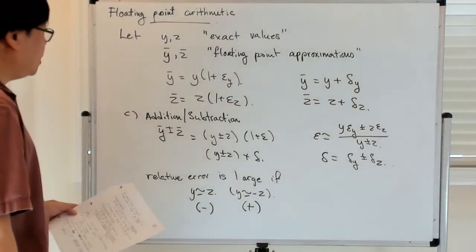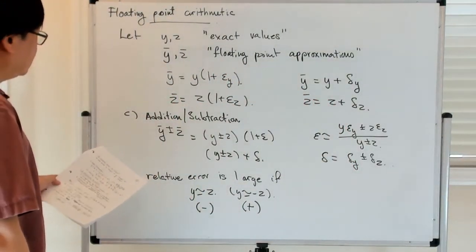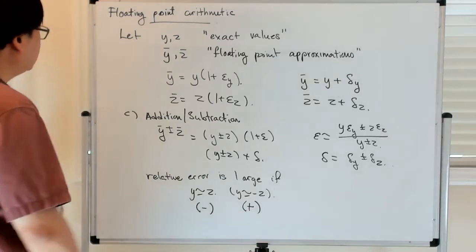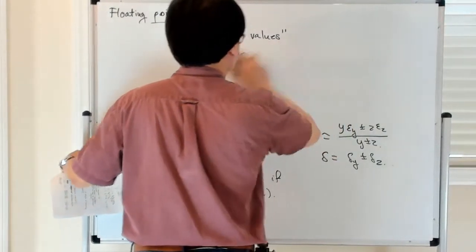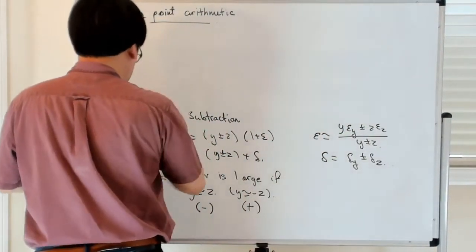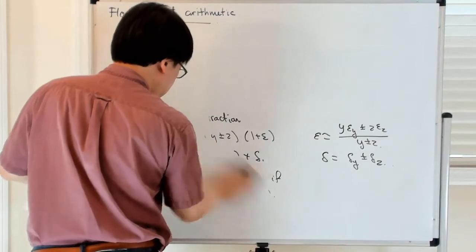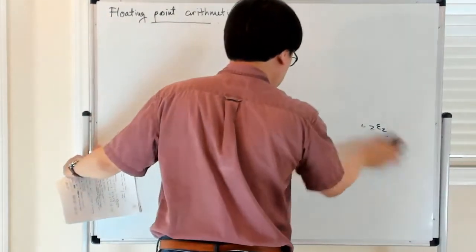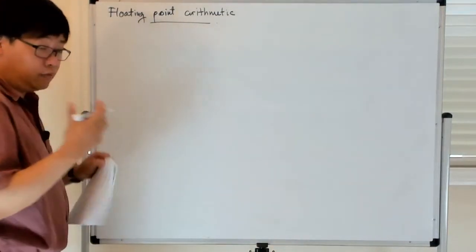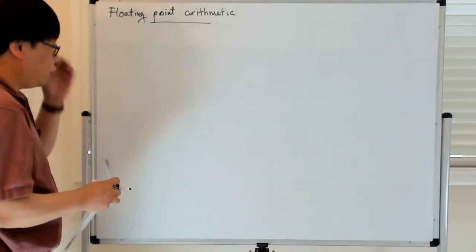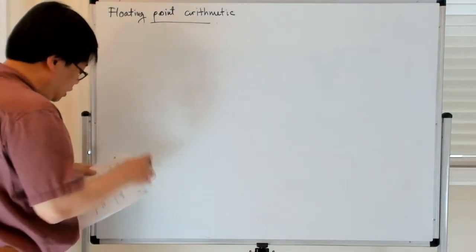Okay, so let me try to illustrate this with some examples. There are two main situations to avoid when you're doing floating point arithmetic, in order to avoid large round-off errors.